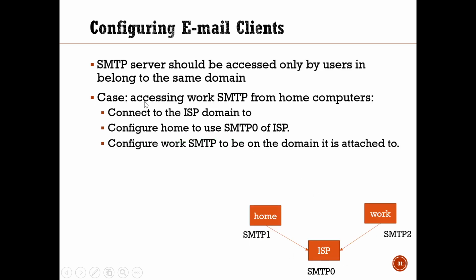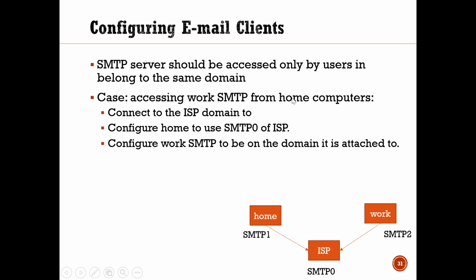So that's the case if you're, for example, trying to access your work SMTP from your home computer, meaning you're trying to access the work computer from the home computer in order to access the email that is identified at the work computer.